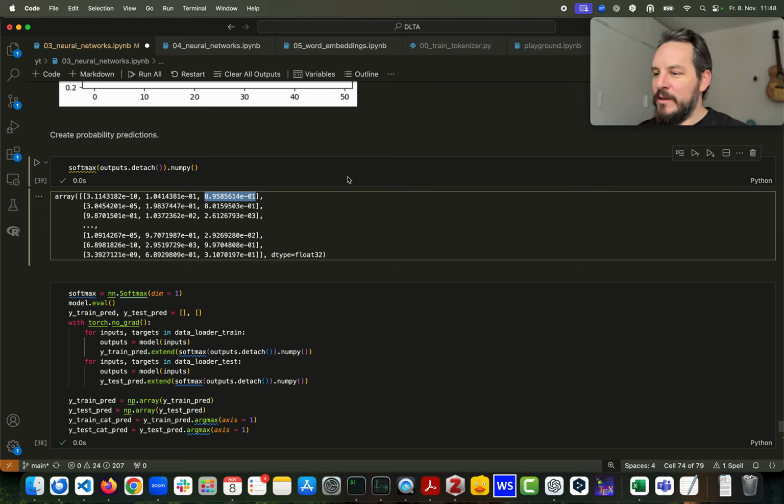And again, it's always the same logic. We take a look in which direction we need to change the parameters of the model such that this probability prediction increases the next time, right? Because assume at the moment it would not be 90%, it would be 10%. Then we see during training, actually this is that category and currently the probability prediction is only 10%.